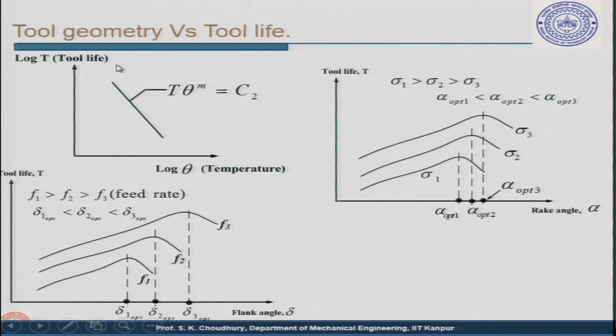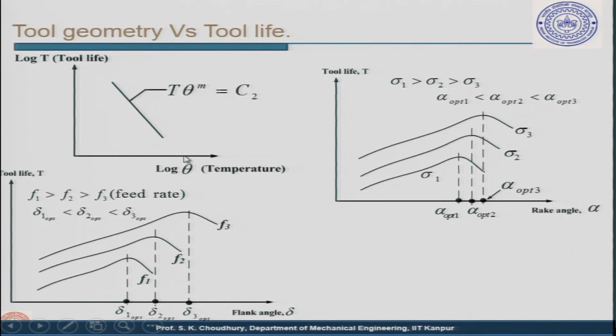First of all, once again I will come back to this as a reference point: tool life and temperature in the log scale, T theta to the power m equals C 2. This is something that we have not discussed so far. This is the curve between the tool life in the log scale and the temperature.